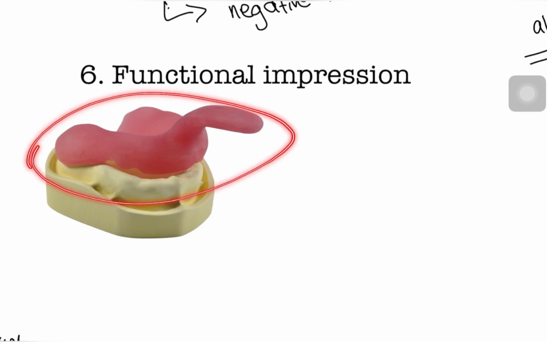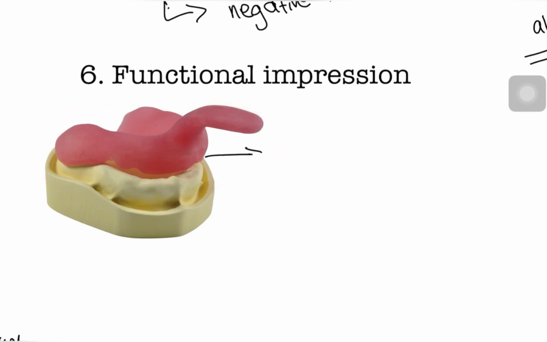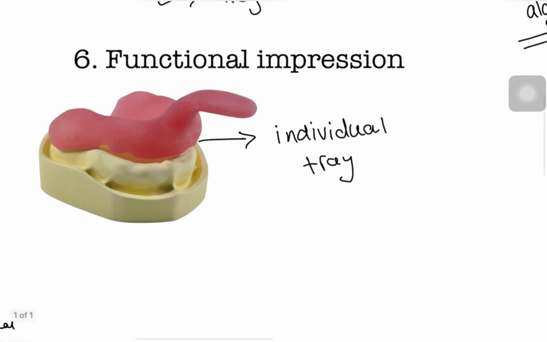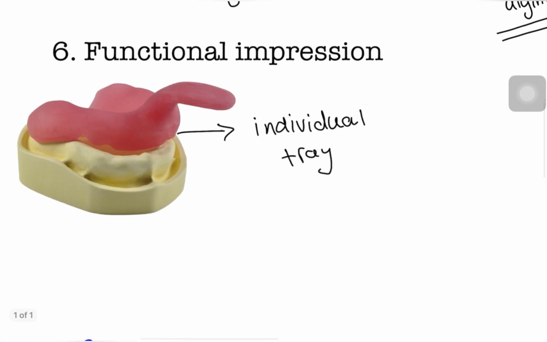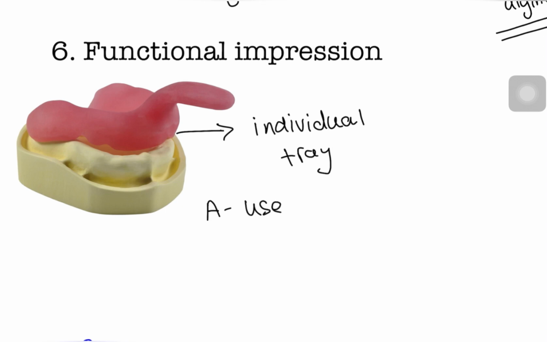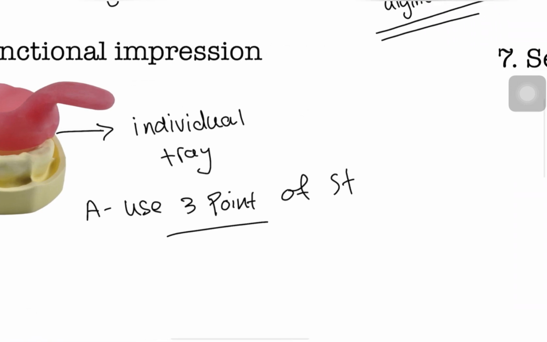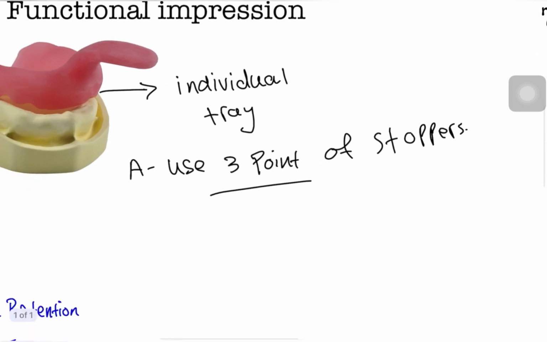Also in this, we can use the stoppers that we talked about. I can write it down: use 3-point stoppers, or sometimes the dental technician has already made them, okay?